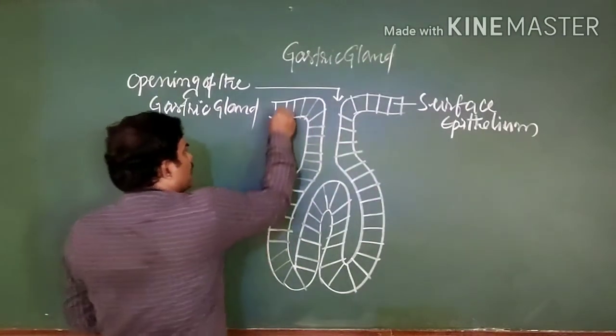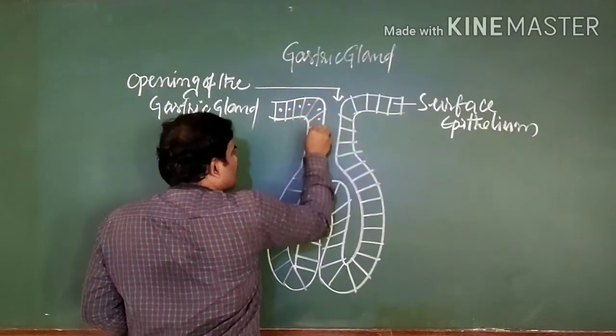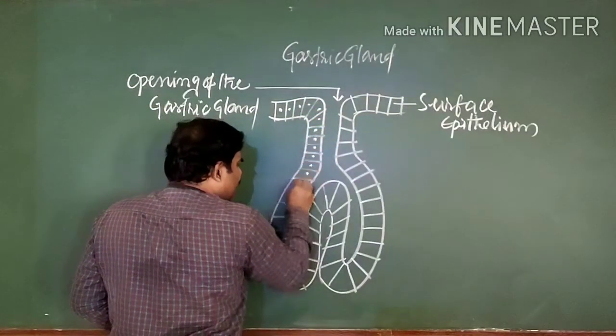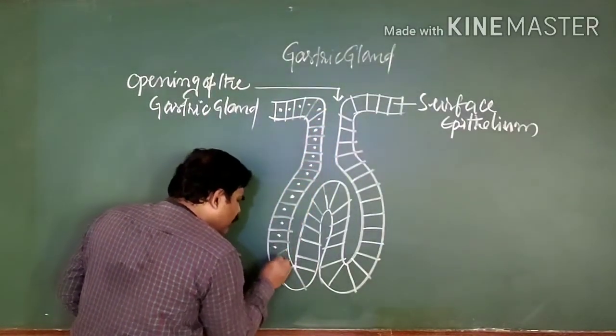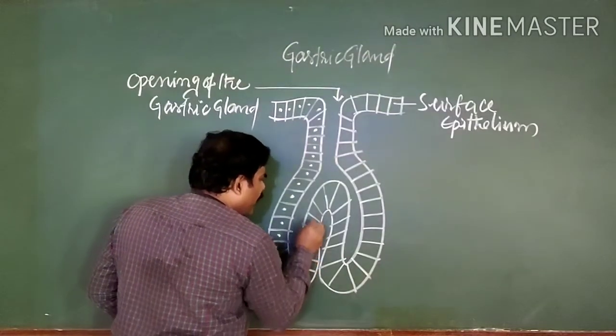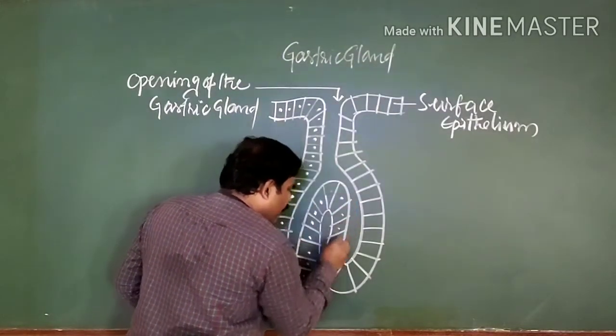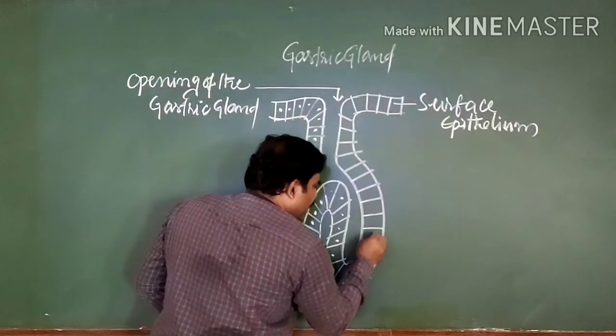Then, as I said here, it has many cells. Of the many cells at the base of this gland, you can see the first type, which we call the chief cells.